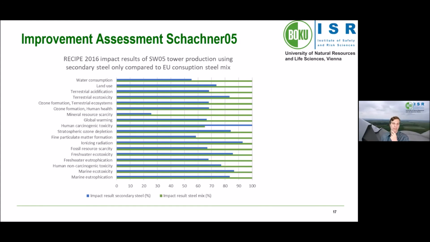The only thing increasing is the human toxicity, and this is because of the recycling process, which has some potentially carcinogenic emissions. Yeah, so that's the rather easy solution here.